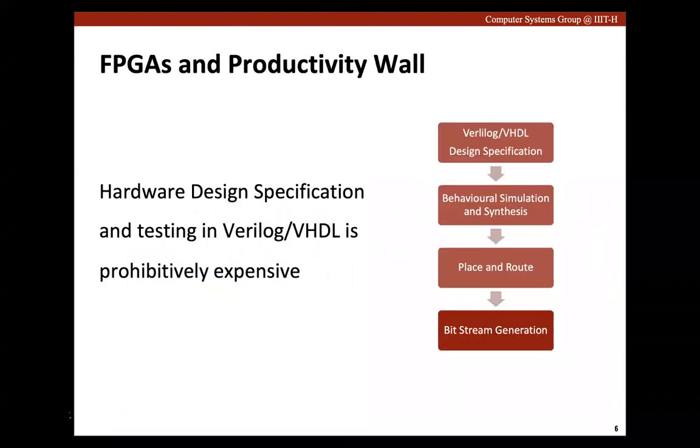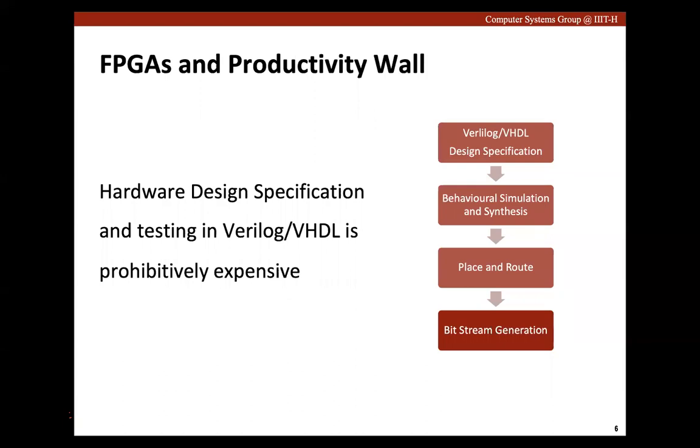I don't want to spend much time here, but this particular point is important. All ECE students would have learned this flow. You have a hardware architecture in mind for a problem, for example applying convolution on an image. You come up with a hardware architecture and express it using Verilog or VHDL.